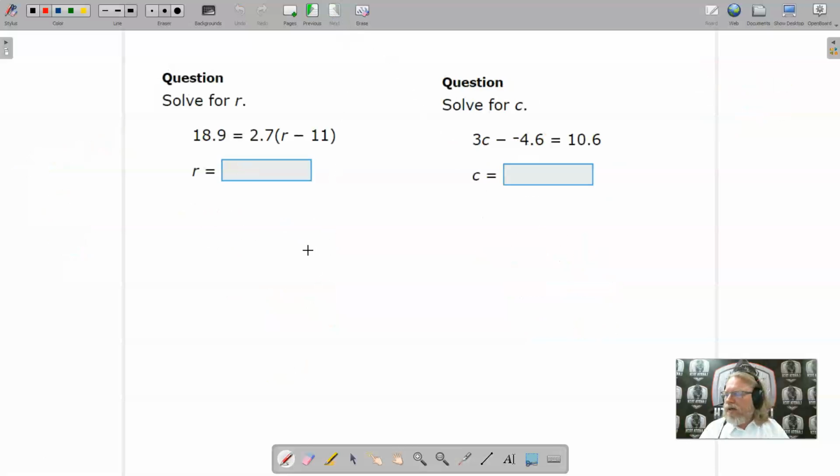Last two questions here. We got a distributive property here we've got to deal with. So let's go ahead and do that. I have 18.9 equals, distribute this 2.7 times r is 2.7r. And then this is a positive times a negative, so this is going to be a negative.